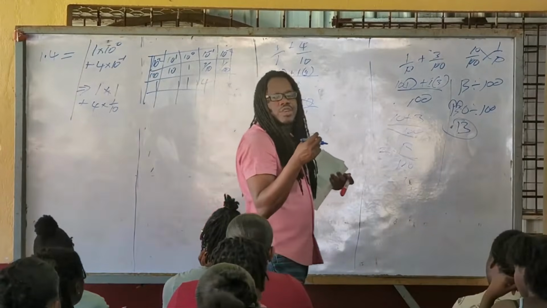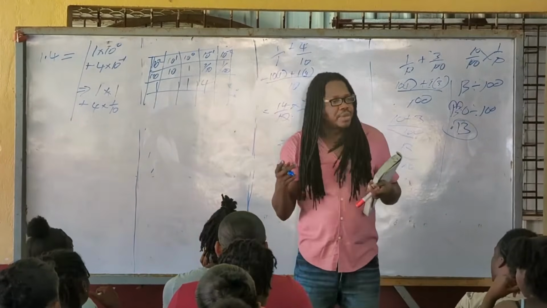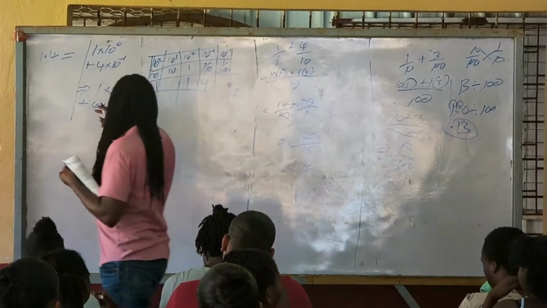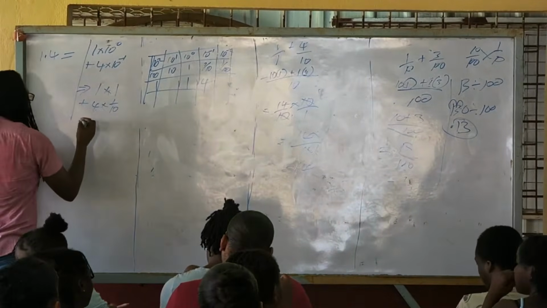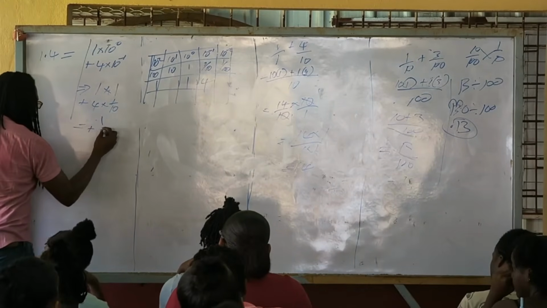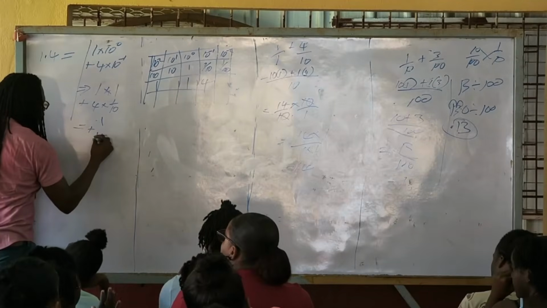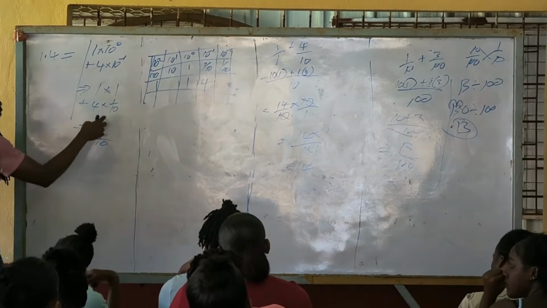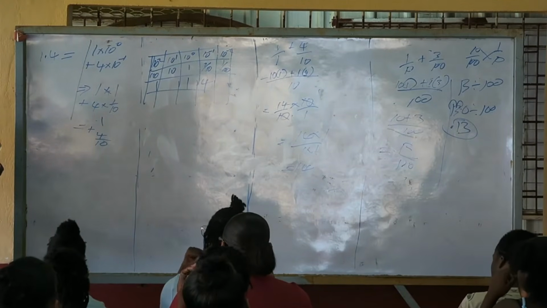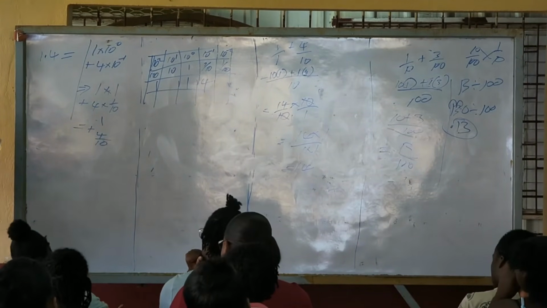And x to the 0 is what? Everybody understand that? Good. So therefore, 10 to the 1, so that's 1 over 10. So this is equal to 1 times 1 equals 1, plus 4 times 1 over 10 equals 4 over 10. Everybody see that so far? Good.